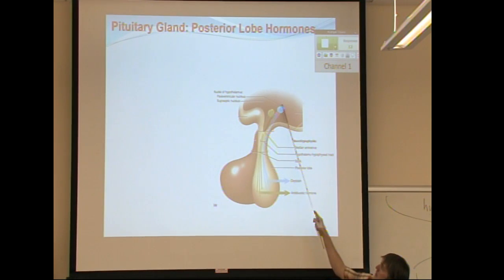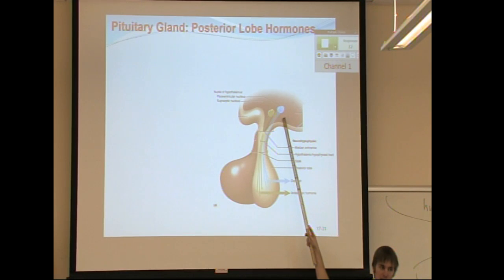So you'll get the signal up here, and then how do you send signals down an axon? Chapter 12. How does it get from the dendrite to the axon terminal, how does the signal get there?